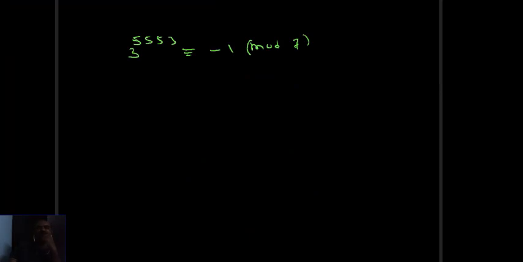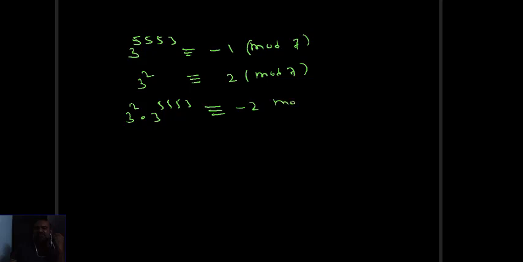But what I want is 3 square. 3 square means 9, congruent to 2 modulo 7. Otherwise I can say that 3 square into 3 power 3 is congruent to minus 2 modulo 7. So 3 power 5 is congruent to minus 2 modulo 7, or 5 modulo 7, both are the same.